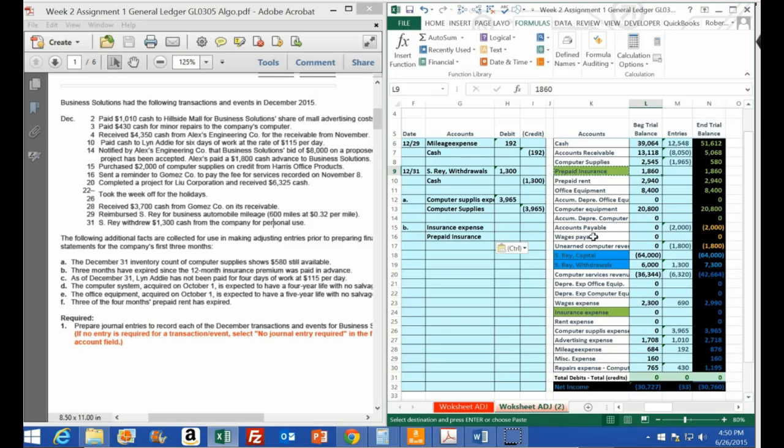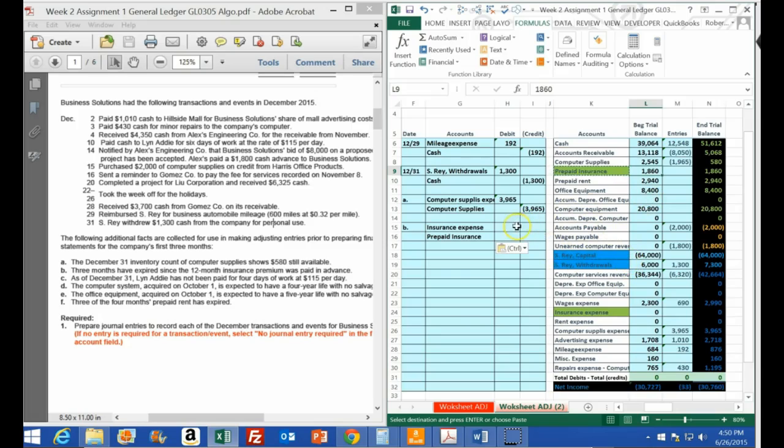Insurance is a coverage in the future. So when we buy insurance, we're really buying something that we're going to use in the future. And under the matching principle of the accrual principles, we should put it as an asset and then write it down as the insurance expires, because that's when we're actually consuming it in the same time period that we're earning the revenue. So that's the matching principle.